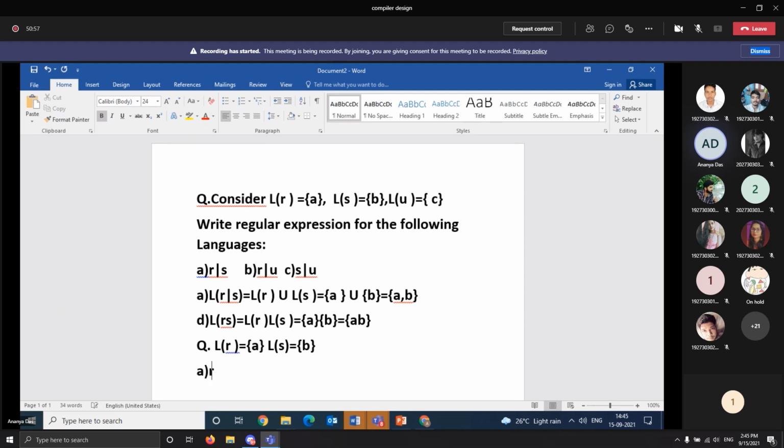You have to write for regular expression R star.